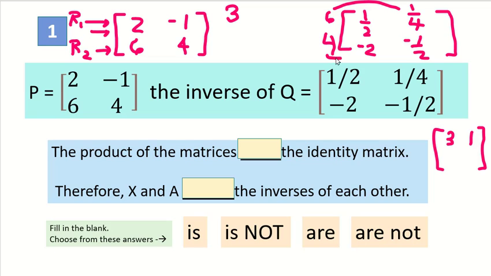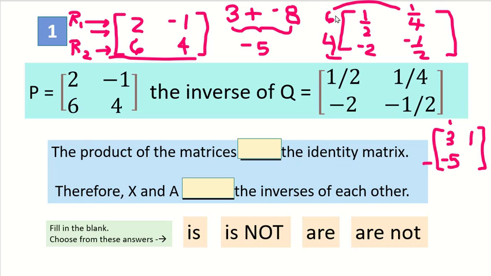And 4 times -2 is -8. So add those numbers together and you get -5. That was from taking row 2 times column 1. This is row 2, column 1. The answer goes right here.